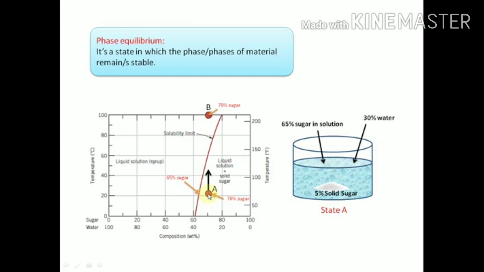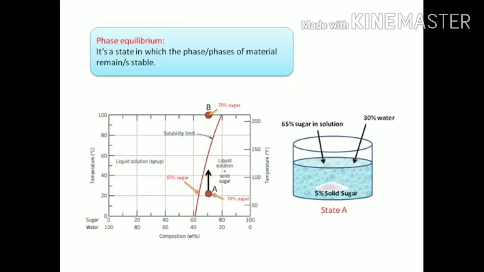So, there must be two phases, that is, one is liquid solution, another is solid sugar. In the figure also it is shown, this is the solid sugar which is not dissolved and this is sugar water solution. We can say state A is in equilibrium because no change in phase takes place.